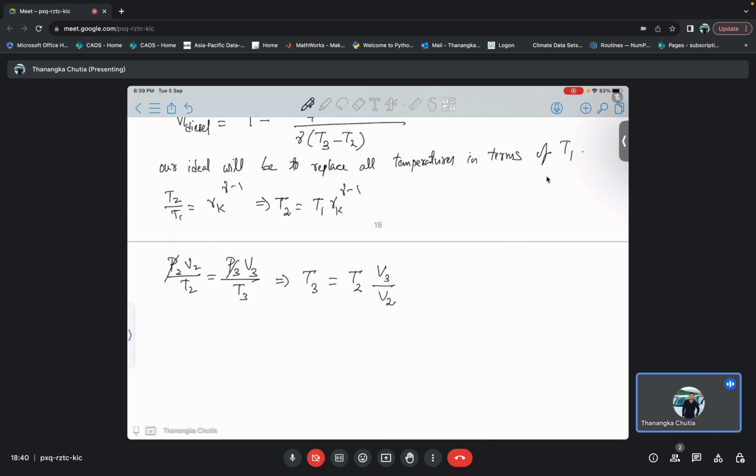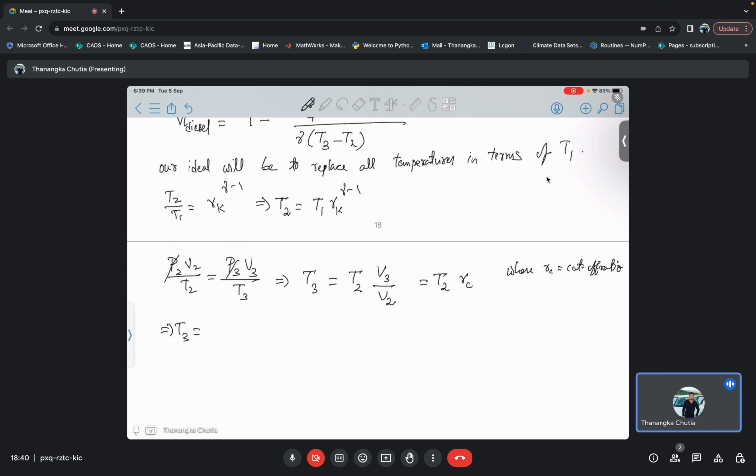Now this V3 by V2 we name as Rc, where Rc is equal to the cutoff ratio. Okay, cutoff ratio.